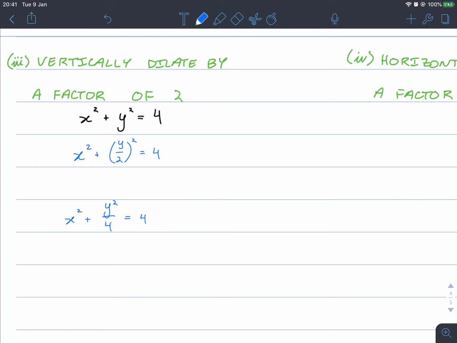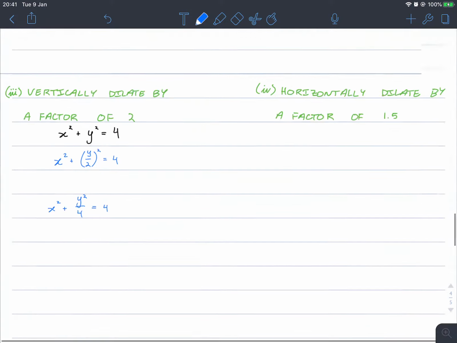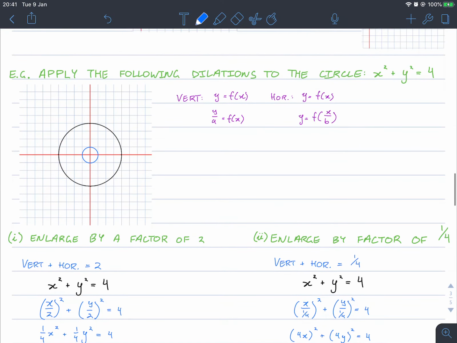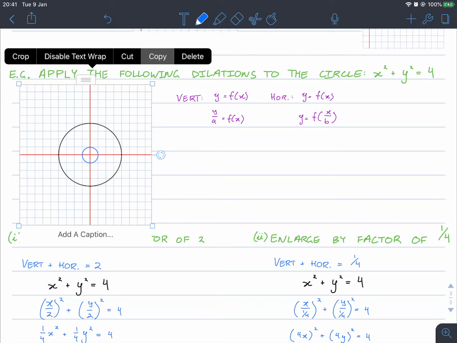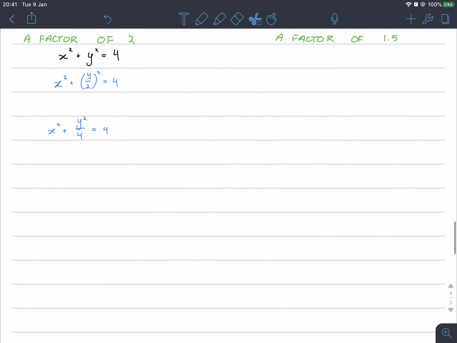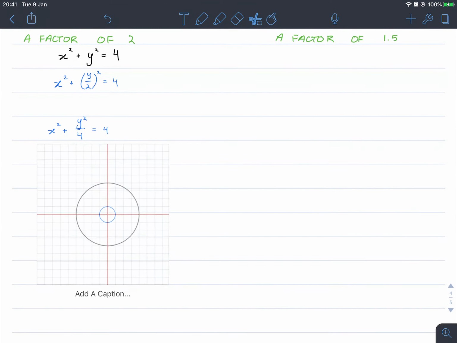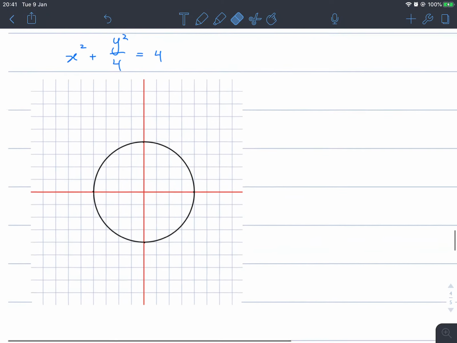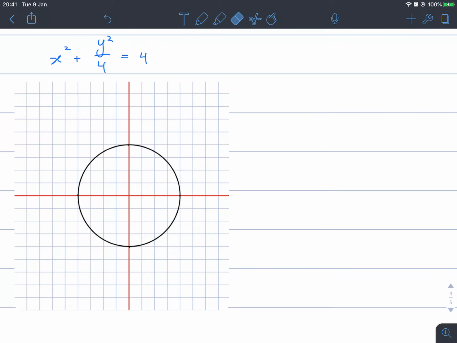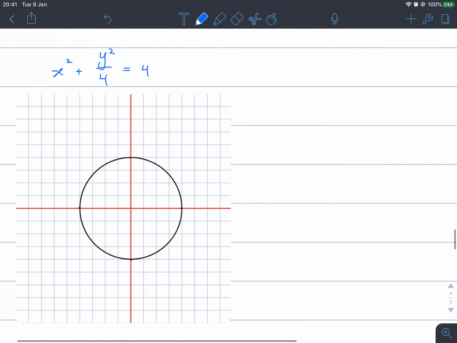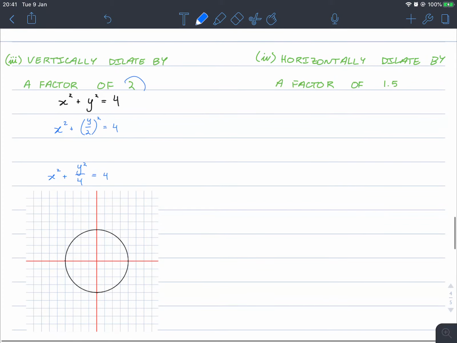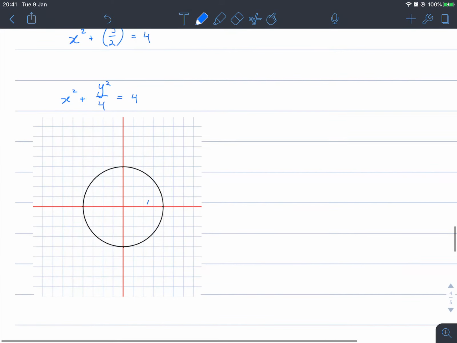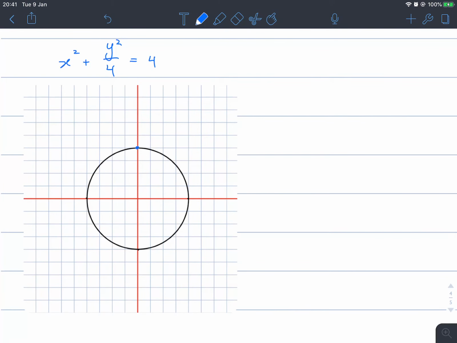Instead, we're going to see what this would look like just using the same principles that we've gone through with the distances from the y-axis. So, if the distance from the y-axis is now 2 times the distance, let's consider this point here.